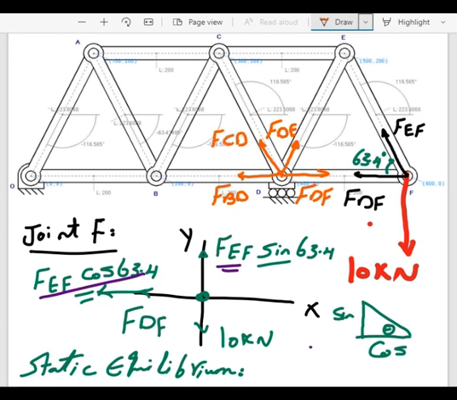So you have four unknowns, and you don't have any known value, so it's impossible to solve it. That's why we choose this joint, because it has a known value and it can be solvable. So when you switch to this joint, you can now solve it, and so on. You can switch to this one, and then this one, and then this one, until you solve the whole truss.